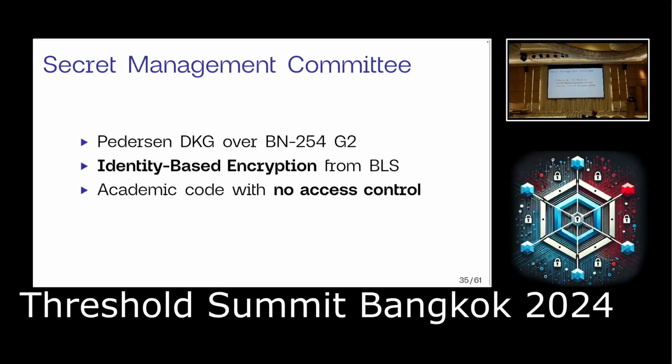The secret management committee that we used is some academic code which implements Pedersen DKG over BN254. So Kevin Charm explained a bit about BN254. And we use identity-based encryption using BLS signatures, which is again very similar to DRAND. This allows us to implement both public key encryption and identity-based encryption.